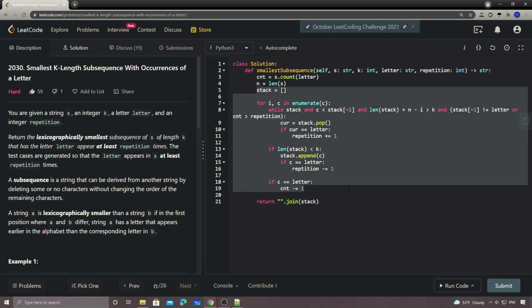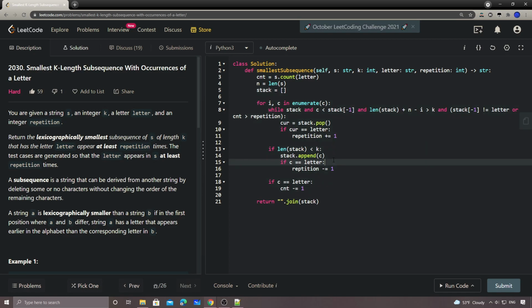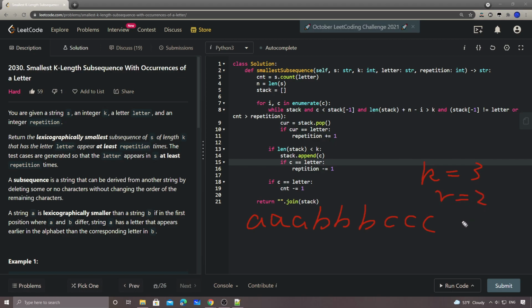But this will fail in one scenario. The scenario is like this. If we have A, B, B, B, C, C, C, and k is equal to 3, and the repetition is equal to 2. In this case, the correct answer is A, B, B, right?